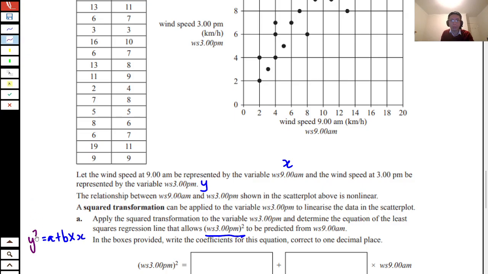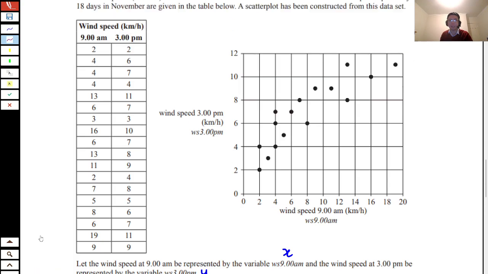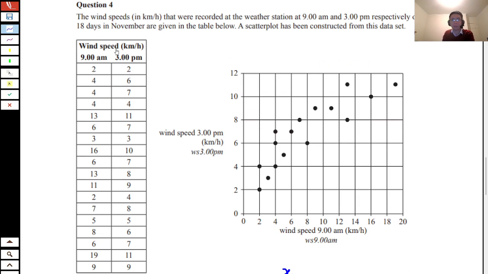So when we type the data into our calculator, with 9 a.m. being the x variable and 3 p.m. being the y variable, we're going to need to type in all the y data, find y squared, and then do linear regression with y squared as the response variable and just x as the explanatory variable.